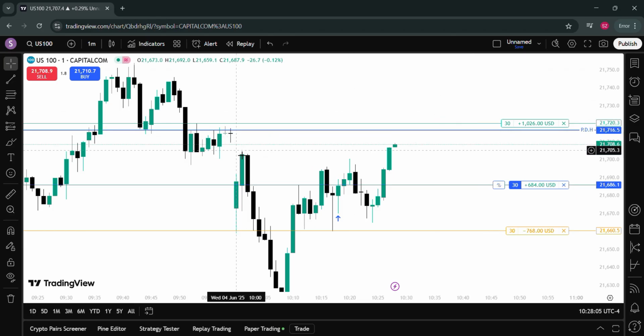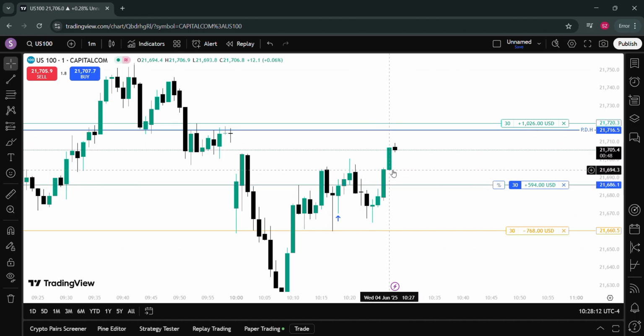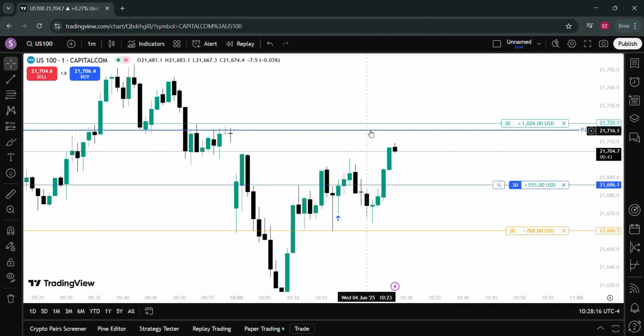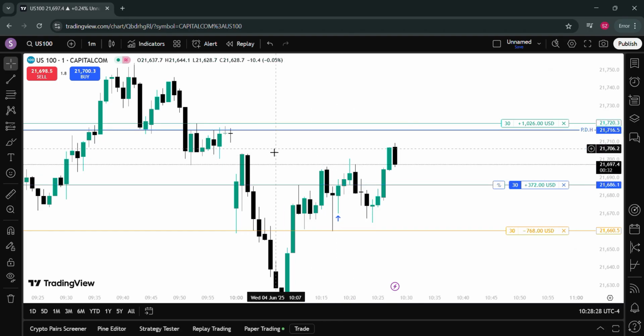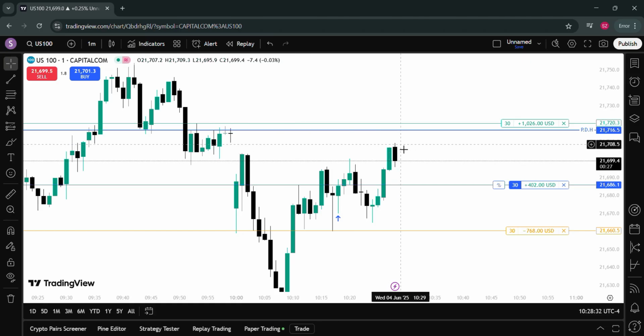It has filled this area half, and also it has made a bullish FVG, which is a good sign. It has to reach here to fill the gap completely, but it can also reject a little from tapping into here. You just have to wait and see.